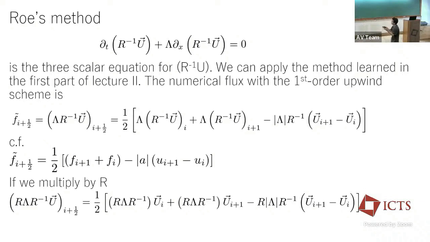So we can apply the scheme developed in the scalar case to the system equation by utilizing this equation, right? And then the first order upwind scheme or MUSCL scheme flux is given by these equations, right?